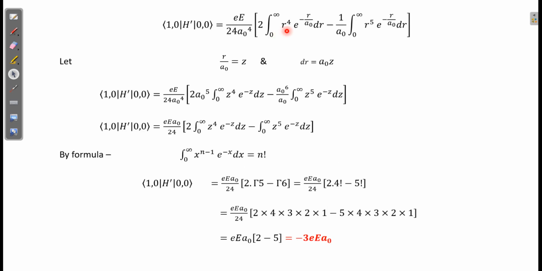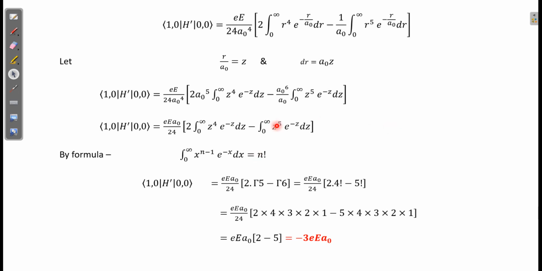Again, solve these two integrals by putting r by a naught equal to z, so dr is equal to a naught dz. This and this can be determined by the beta gamma function: the integral of x to the power n minus 1 e to the power minus x dx is equal to (n minus 1) factorial. In this case n minus 1 is equal to 4, मतलब n बराबर 5.